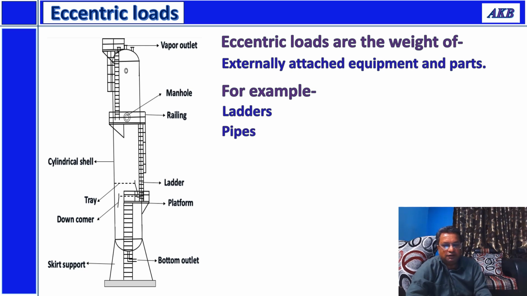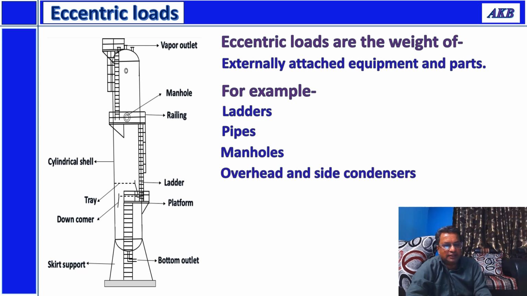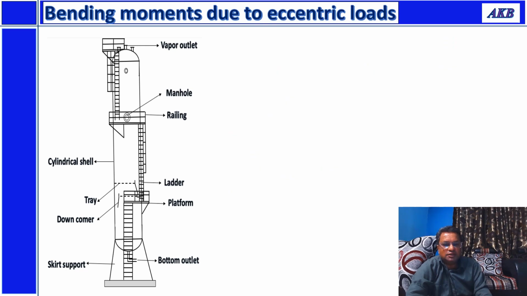Then you have pipes, manholes, overhead and side condensers, platforms. So these are all examples of externally attached loads, and they will be acting as eccentric loads, and they can result in stresses in the wall of the shell.